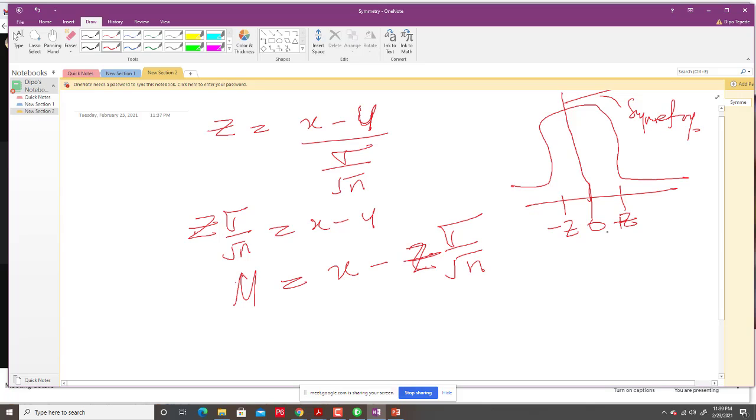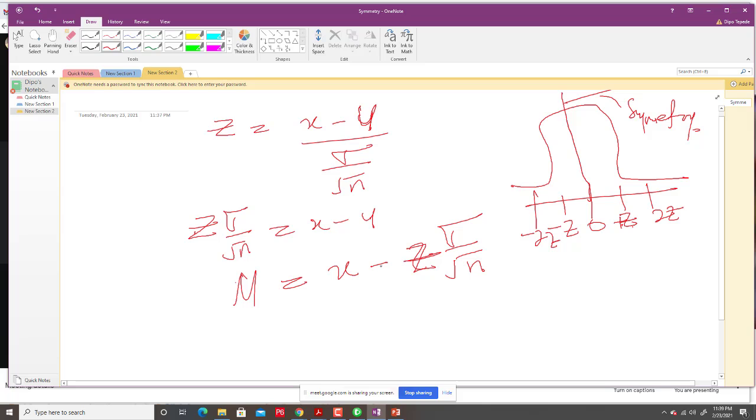So the Z here has the same magnitude as the Z here. Is that okay? If this is one standard deviation, and this is one standard deviation, if you have two standard deviations, so this is 2, it will be equal in value.